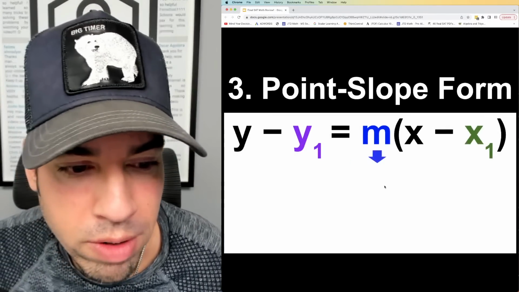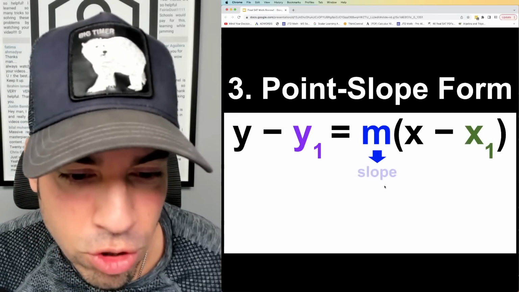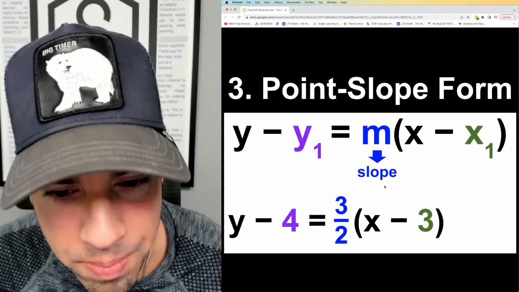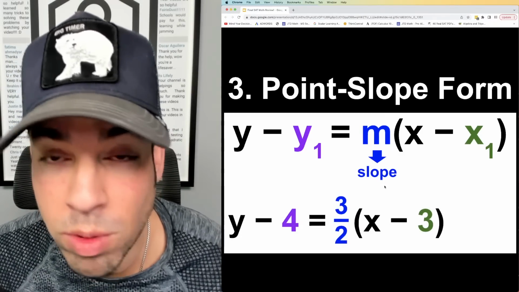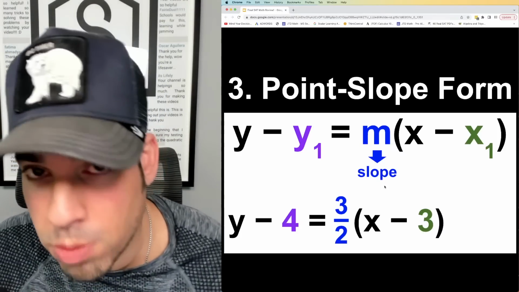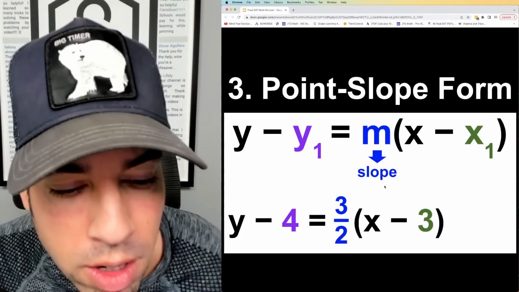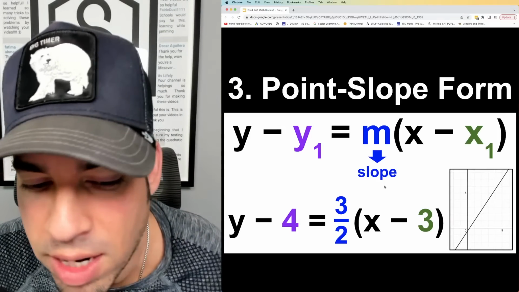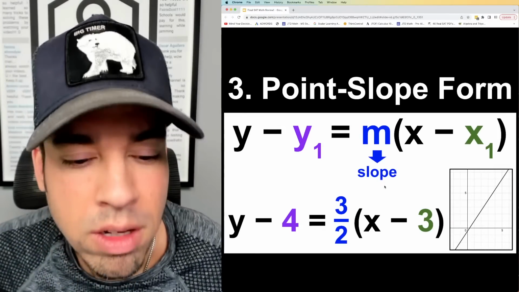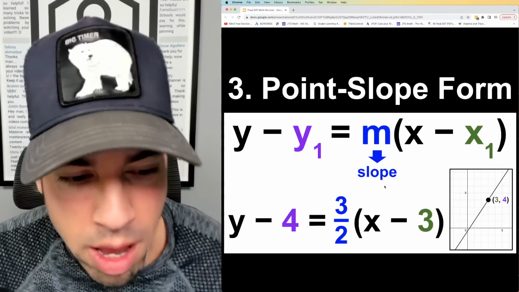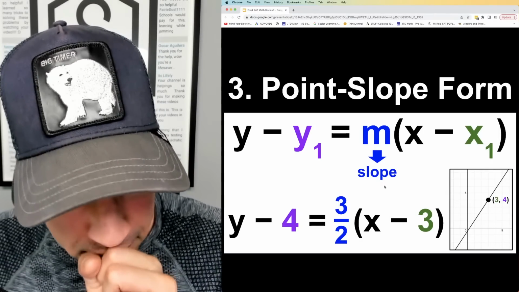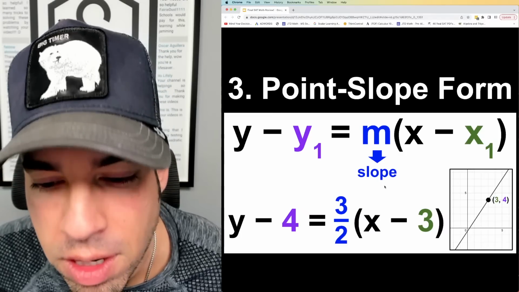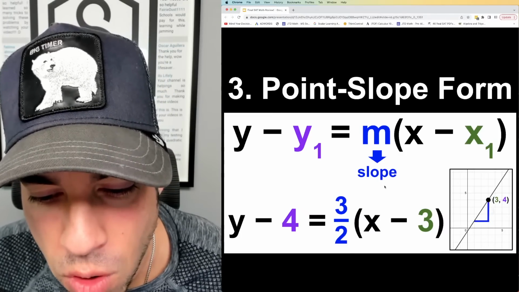Point-slope, another great formula, where again m is your slope value, but now we can construct the line from a coordinate. That's what x1 and y1 comprise. They can be any coordinate, so you can have multiple equations for the same line. If we were to graph this one, for example, it would contain the point (3, 4) and have a slope of 3/2, which means it would go up 3 over 2.